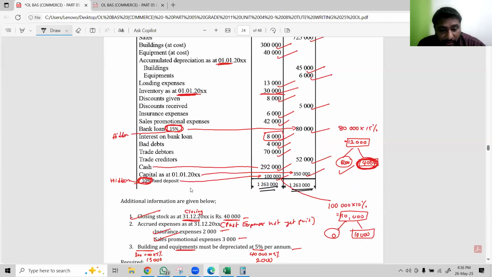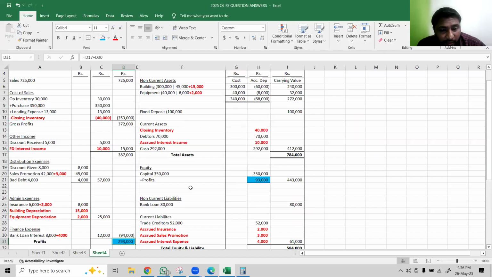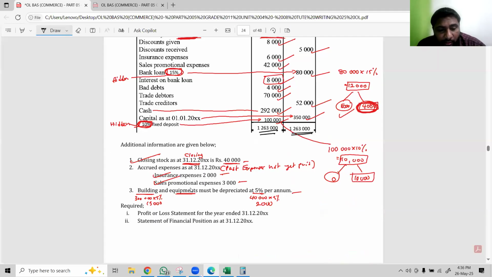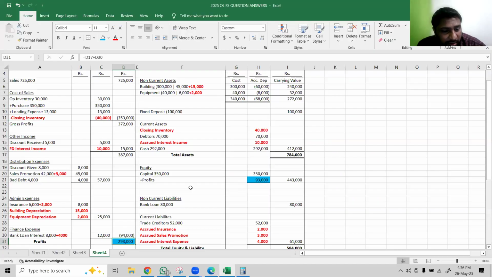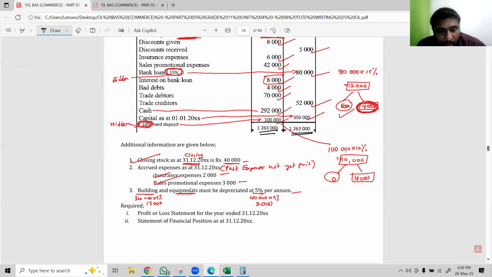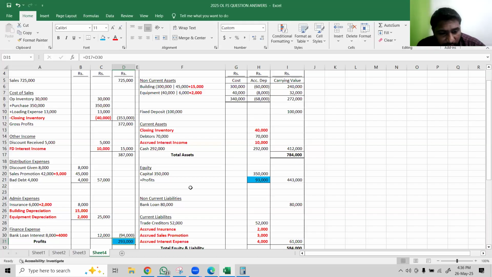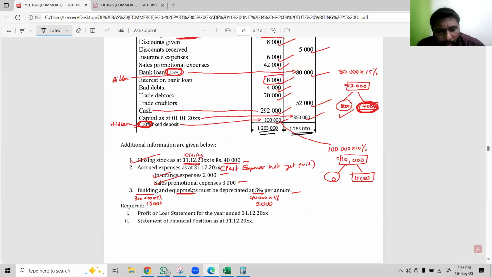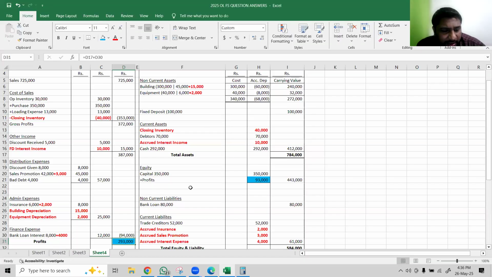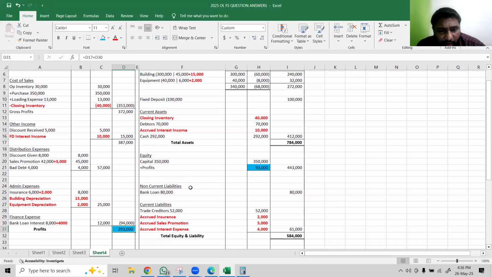Let me check the adjustments also one by one. Closing inventory 40,000. Accrued insurance 6,000, 2,000, 4,000. Accrued sales promotion 3,000. Depreciation 15,000.